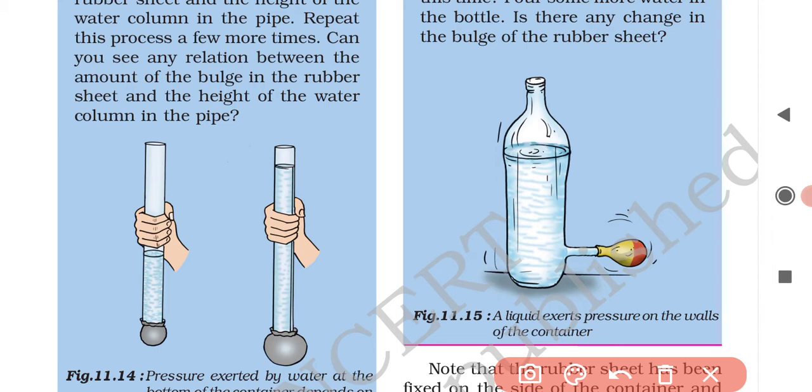Clear? It is showing what? It is showing that the pressure of water on the bottom of its container has increased. What is the bottom of the container over here? This rubber sheet.